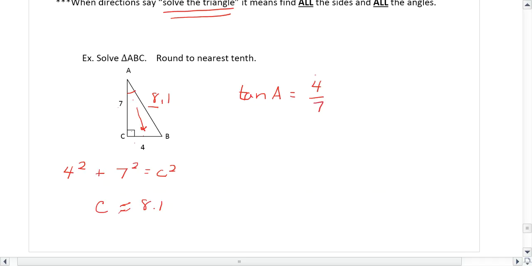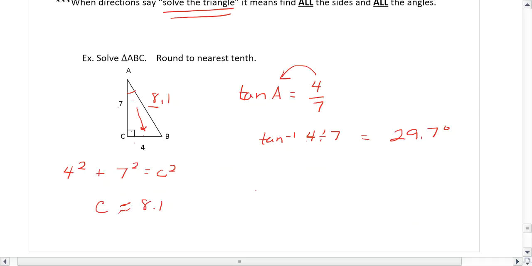I'm going to need that backwards key to find the degrees. So I hit inverse tangent of 4/7. And again, rounding to the nearest tenth, 29.7 degrees.